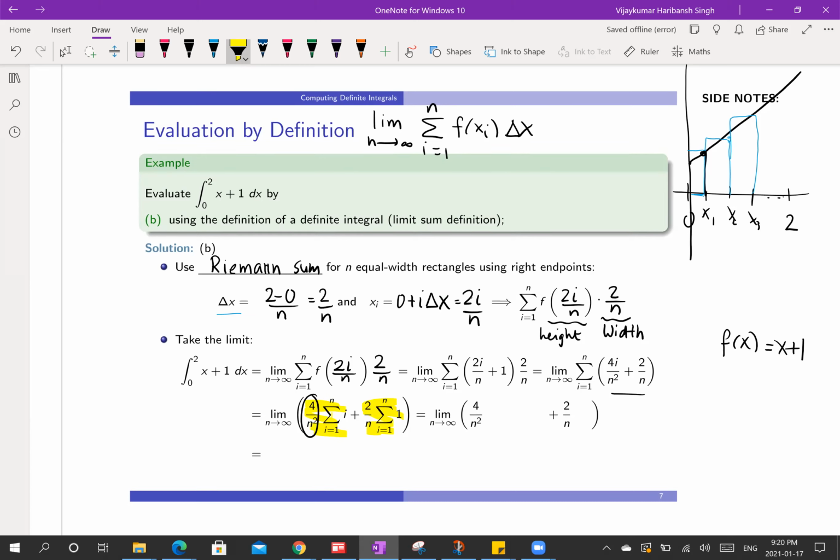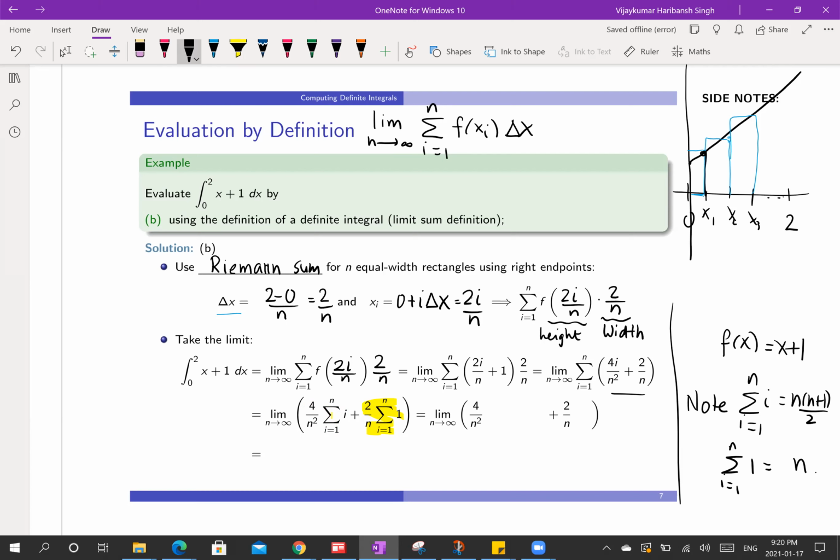Now note that summation i going from 1 to n of i is n into n plus 1 over 2, whereas summation i going from 1 to n of 1, you're adding 1 n times, is simply n.